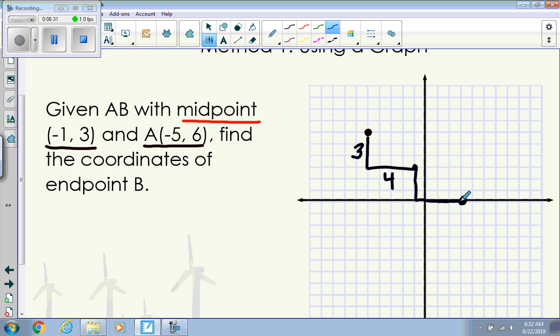So 0, 3 would have been our endpoint. Would have been our new endpoint for B.